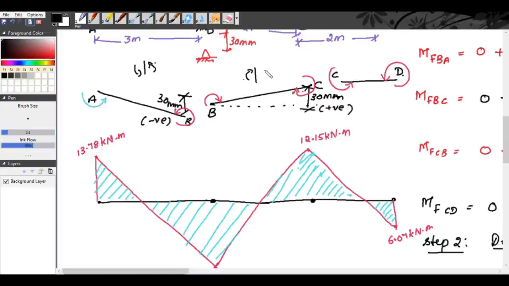It's clockwise, anti-clockwise. Here when you are taking the section, anti-clockwise and anti-clockwise. See, that means in this portion, it is anti-clockwise, right? You have the negative bending moment. Here you have the positive.